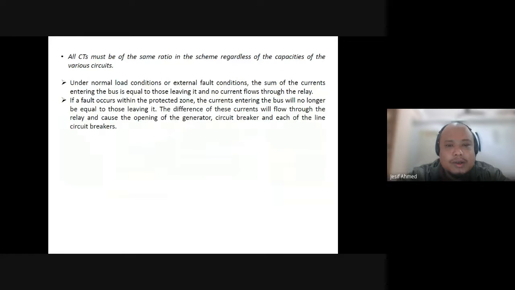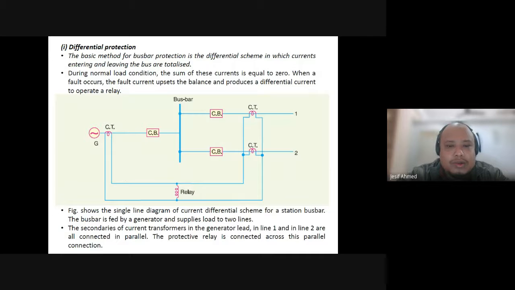So, what is the necessary condition? The CTs must have the same CT ratio, regardless of the capacities of the various circuits. Right? So, once this relay is activated, it will give command to all the circuit breakers connected to the bus bar, so that all will be tripped simultaneously, isolating the bus bar from both sides completely from the system.